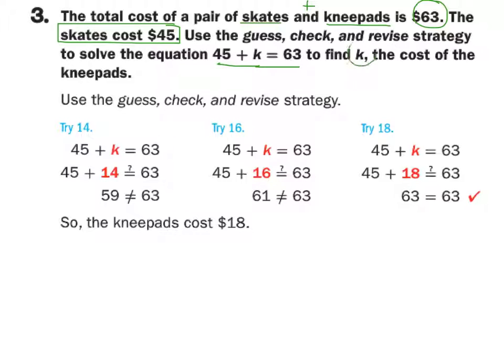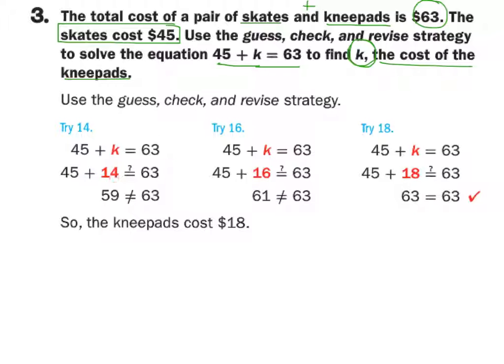What we are trying to find is k, which will be the cost of the knee pads. In the textbook they suggested let's try $14. We could pick any number, but if I pick 10, then 45 only increases to 55, and that's not close to 63. So they said let's try 14.